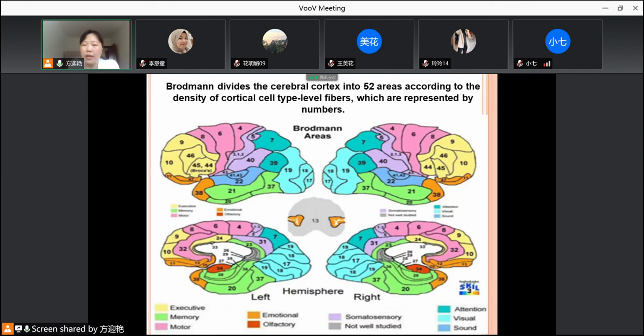And then we have known the brainstem, and now the brain. About 1906, the famous scientist Brodmann divided the cerebral cortex into 52 areas.